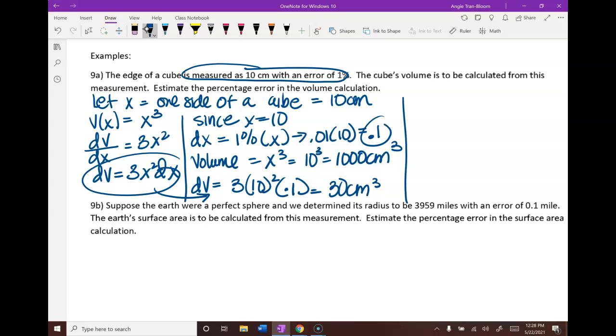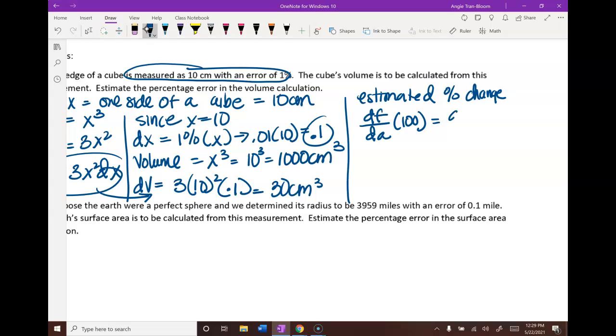Now, if you look back at your notes, I gave you guys a formula. The estimated percent change in your formula is dF over dA, and then times it by 100. Well, we don't have F or dA, we have dV with respect to f of a, which is your volume.